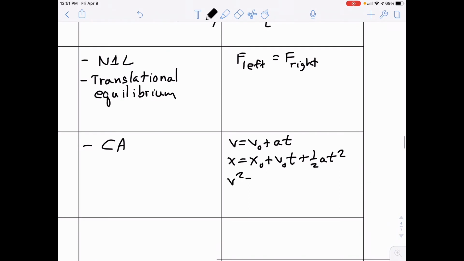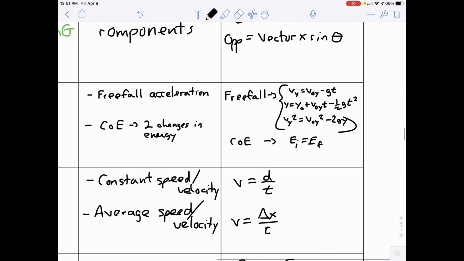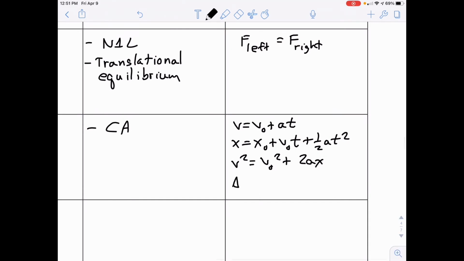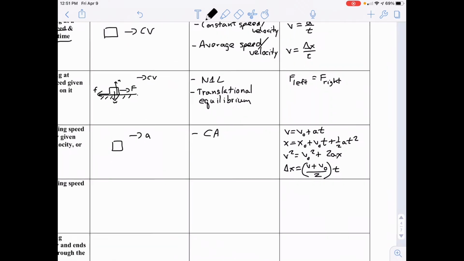We have v squared equals v naught squared plus 2ax, very similar to that third equation right there. But lastly, you also have that displacement is the average velocity times time. So we just change average velocity into final velocity plus initial velocity over 2 times t. That would be the 4th constant acceleration equation.